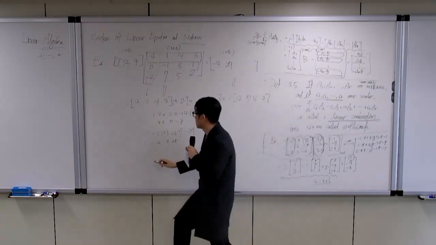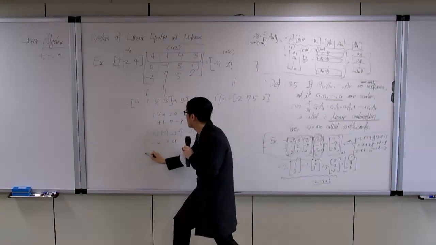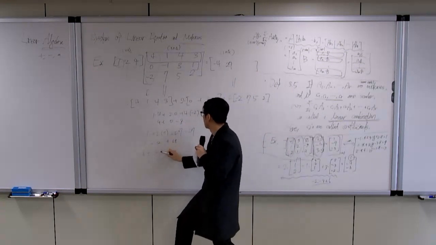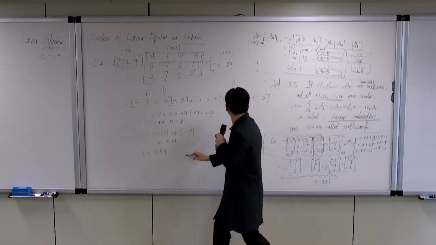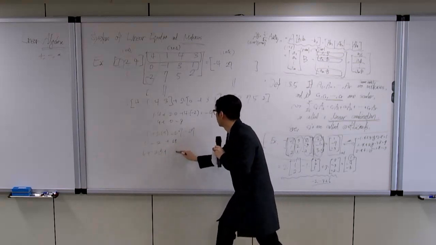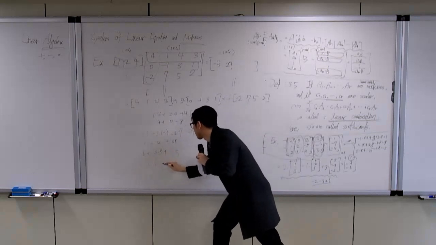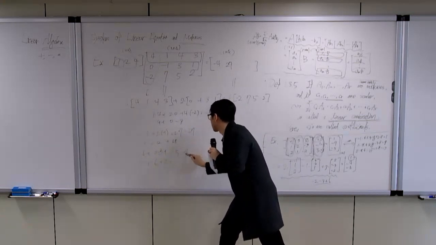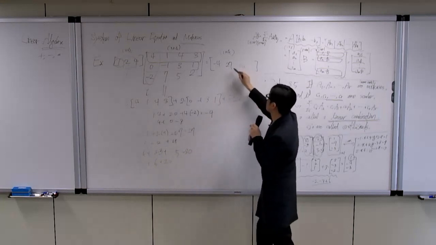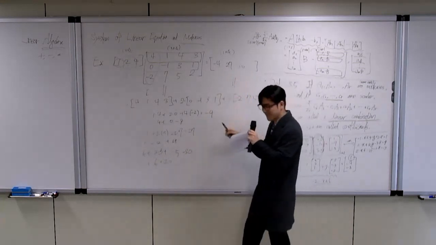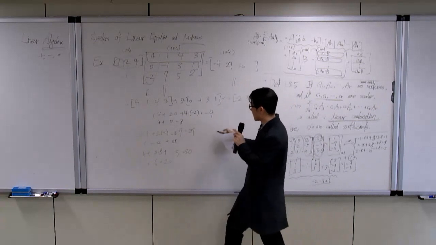And the third entry is 1 times 4 plus 2 times 3 plus 4 times 5, then 4 plus 6 plus 20, then 30. I made a mistake just on the first entry. Finally, 1 times 3.